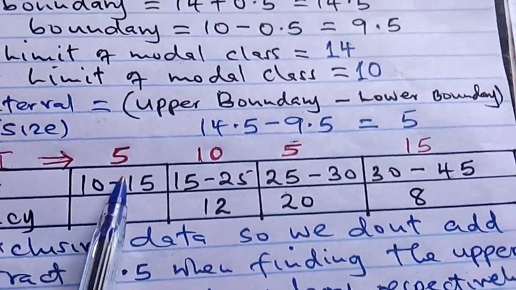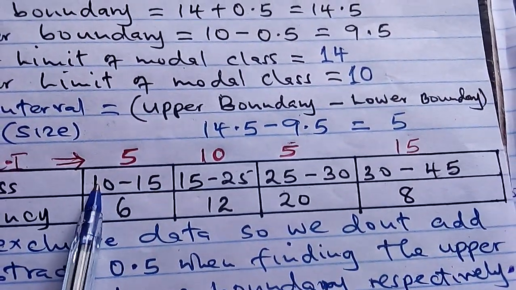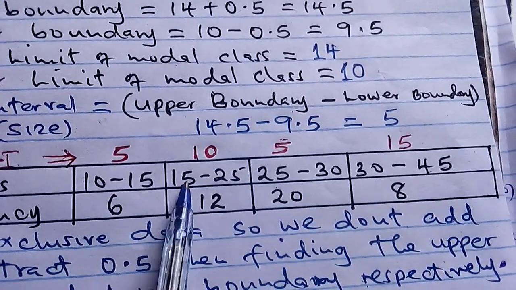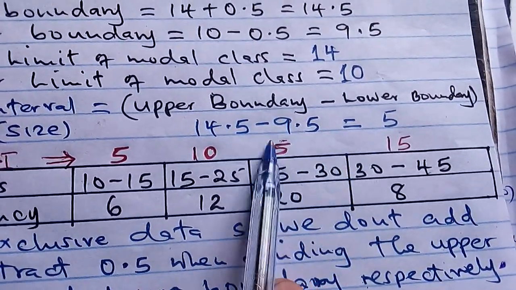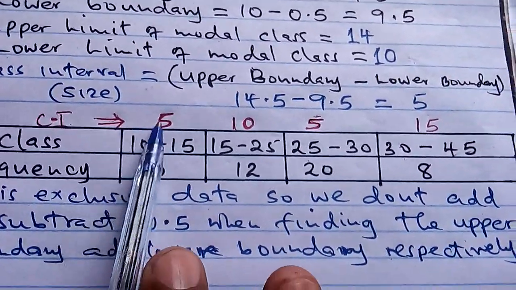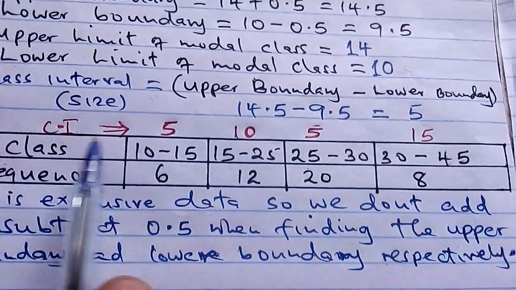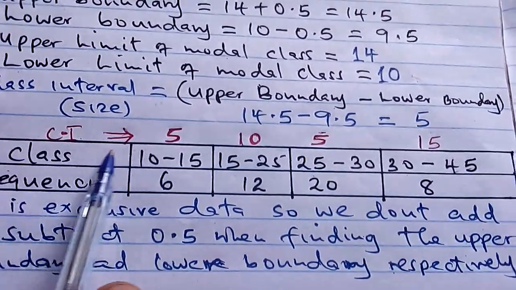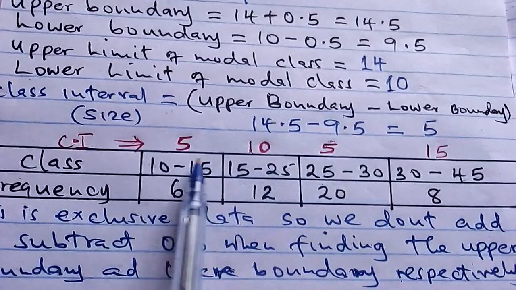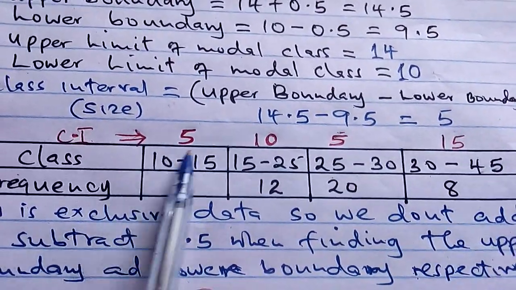So here class interval: 15 minus 10, 5; 25 minus 15, 10; 30 minus 25, 5; 35 minus 30, 15. So if you look at this data here, this is not a uniform data. Why is it not uniform? Because the class intervals are not the same, so the data is not uniform.